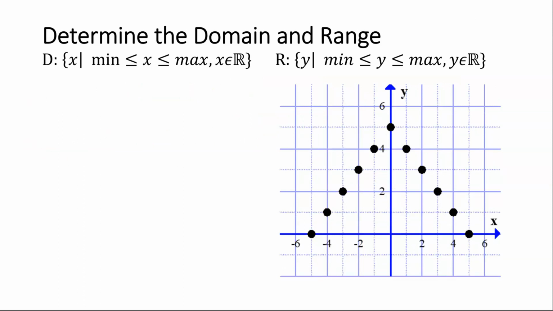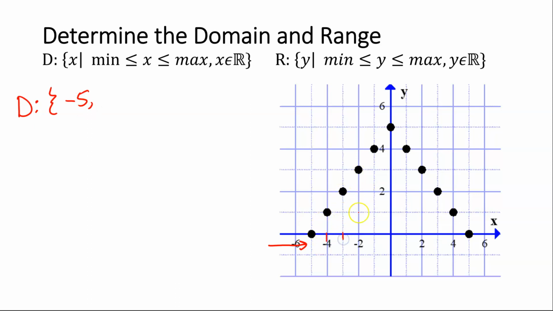This graph. Now, before you jump right into it, notice this graph doesn't have lines. So this is actually a discrete graph. And with discrete graphs, what do we do? We just list the numbers from least to greatest. So for the domain, we're going to list all those x values from least to greatest. So we'll start here for the least. That's -5. The next point is at -4.